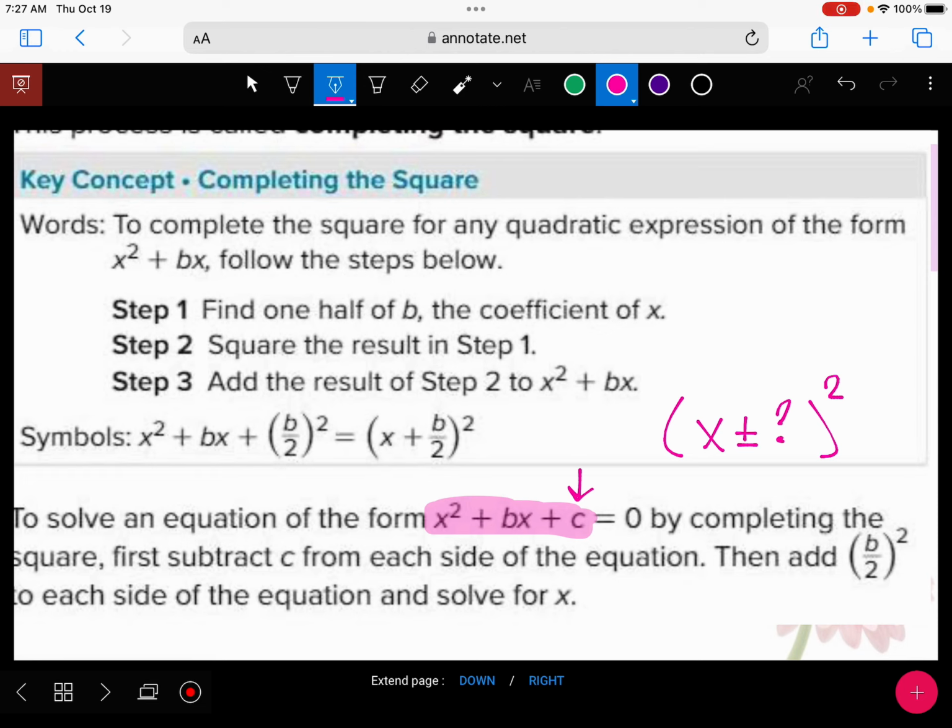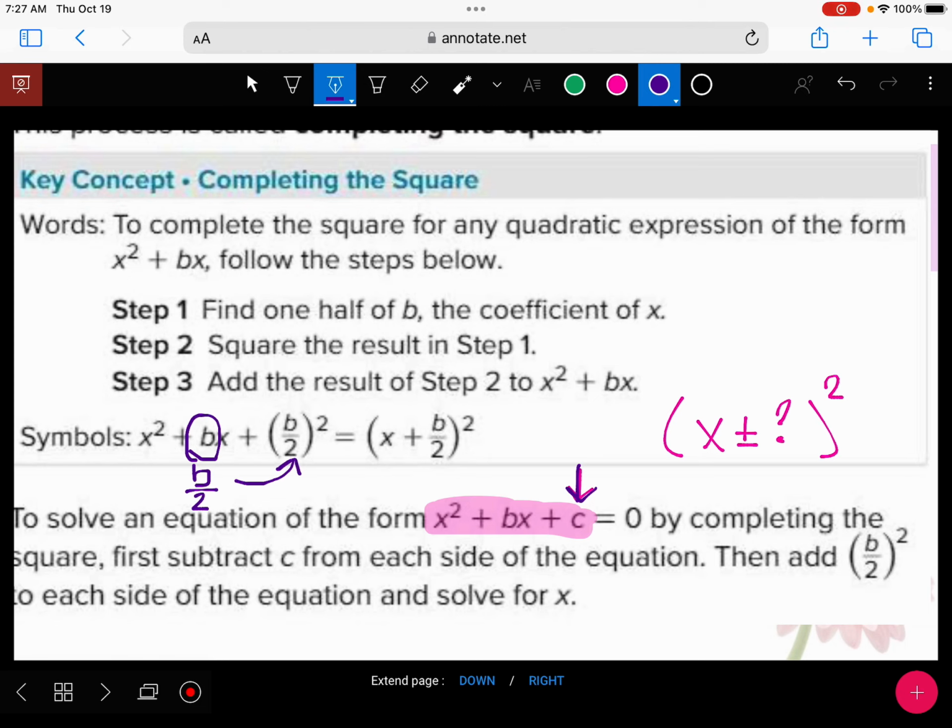Okay, so what we're going to be doing to find what term is supposed to be here at the end is we're going to take our middle variable, that's our b. We're going to take our b and divide it in half. Whatever that piece is gets squared and added on to the end.